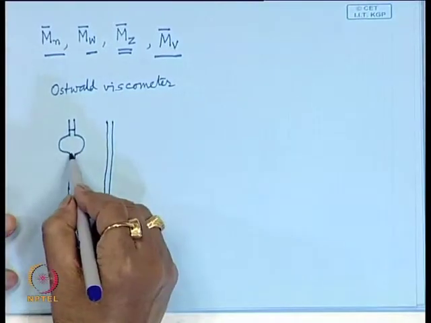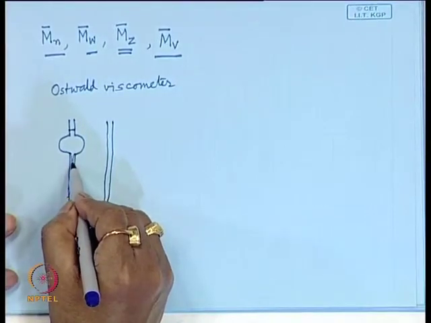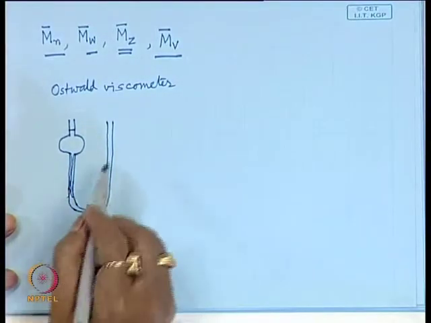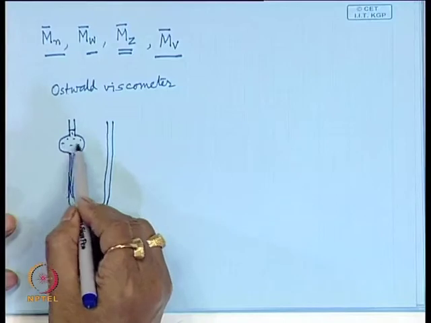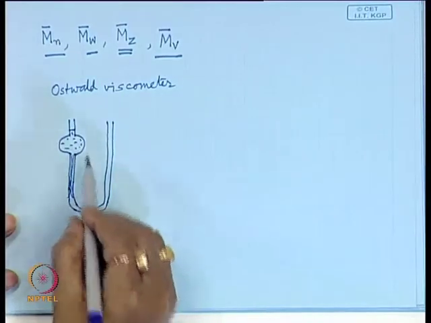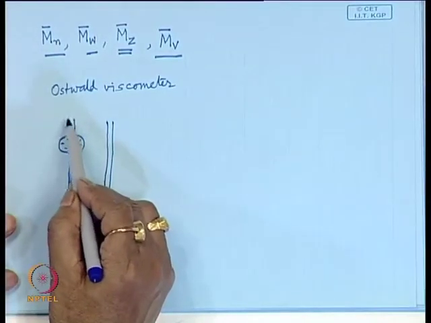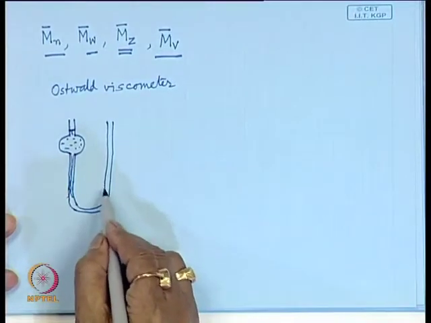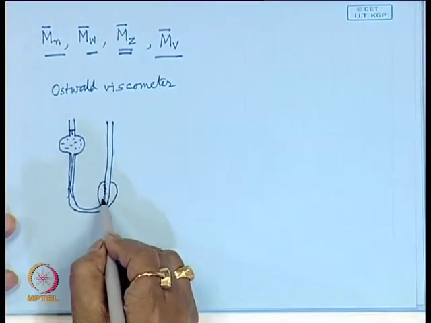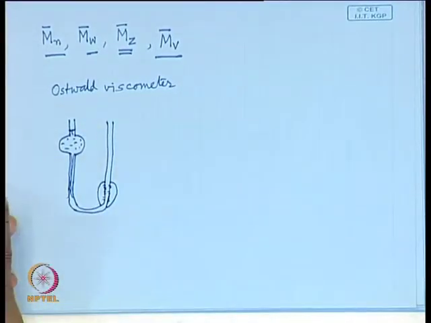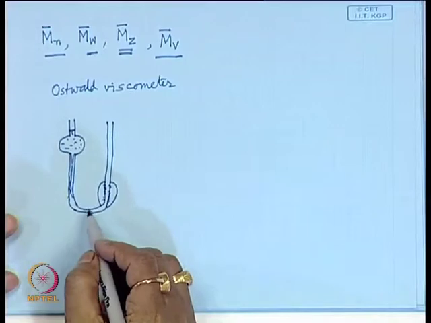Here is a mark, and inside there is a narrow capillary. You fill this bulb with the solution up to this mark by sucking with the help of a sucker from there. It can have one bulb over here, there is no problem like this. You can have a bulb, so that you can take more volume of liquid, more volume of solvent, more volume of solution over here. So, this is one Oswald viscometer.